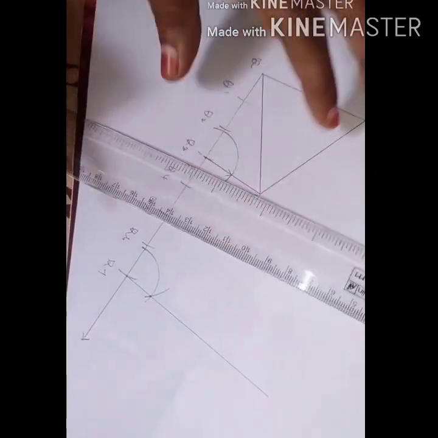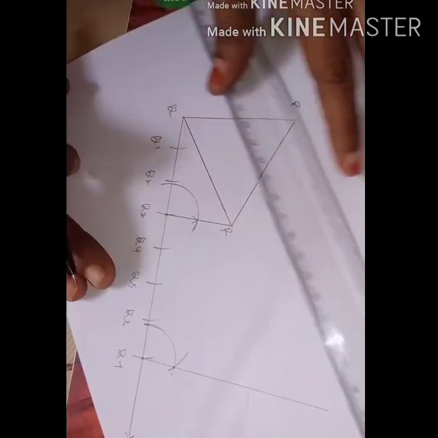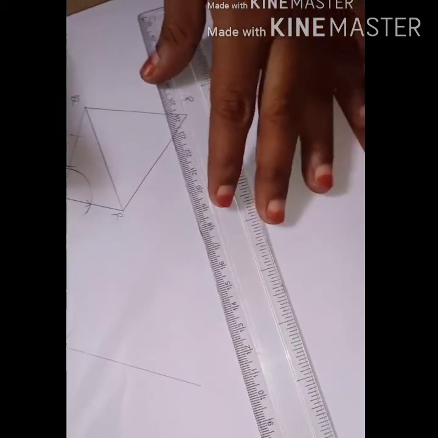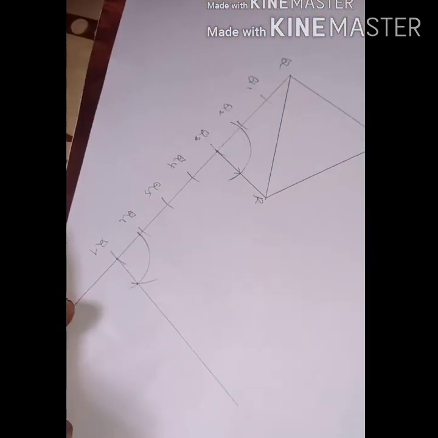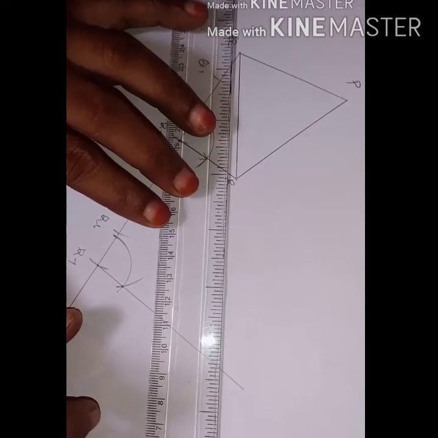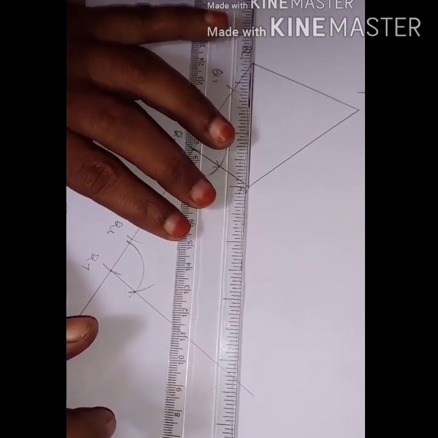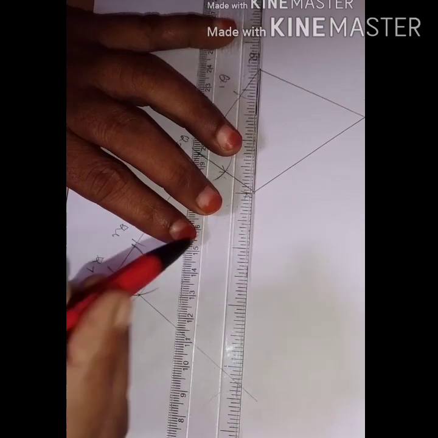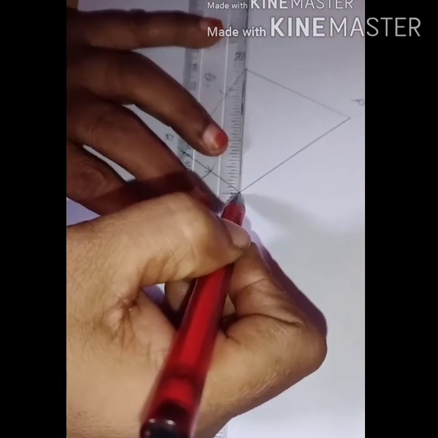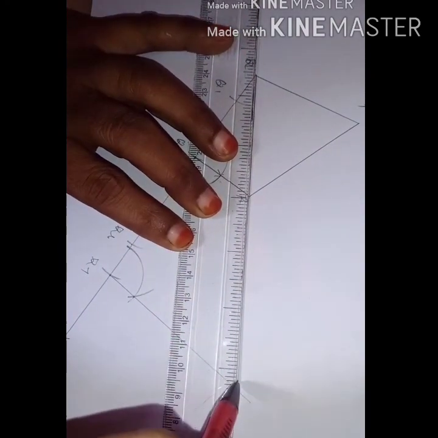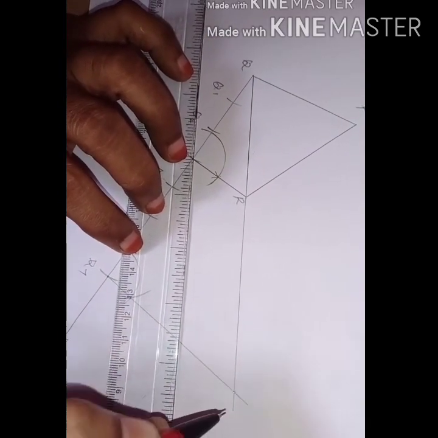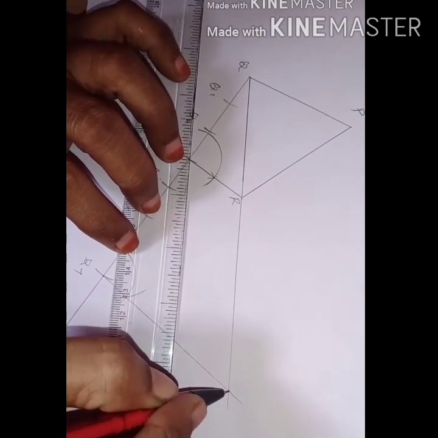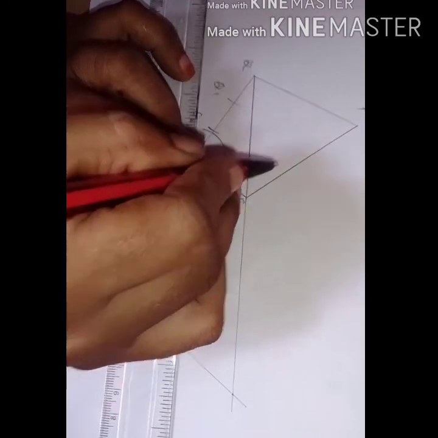This line will meet our base. What is our base? QR is our base. So you extend QR to a point, this point. From this point you draw the same parallel line.